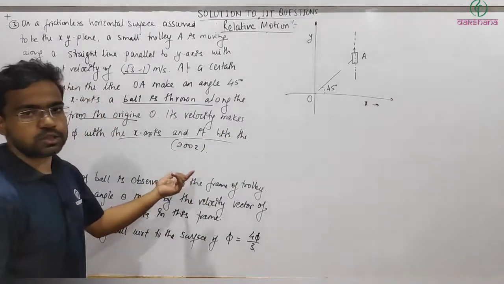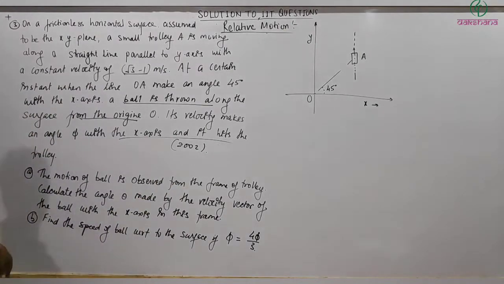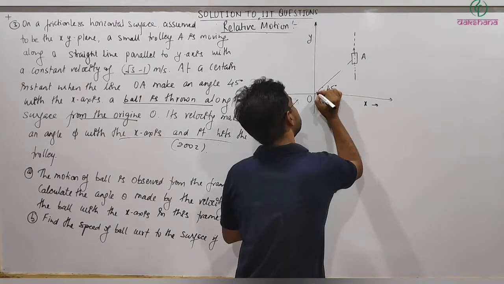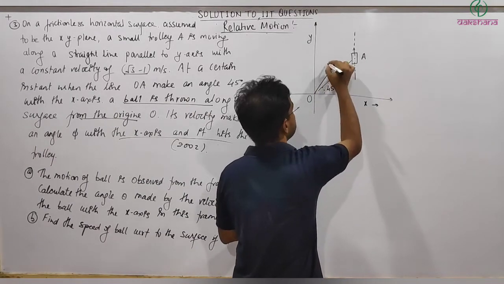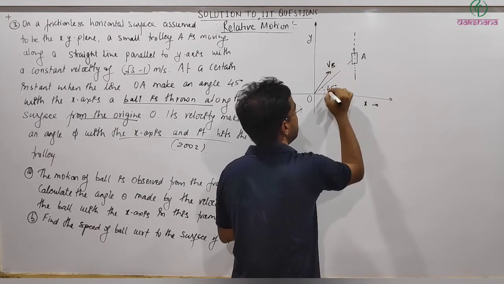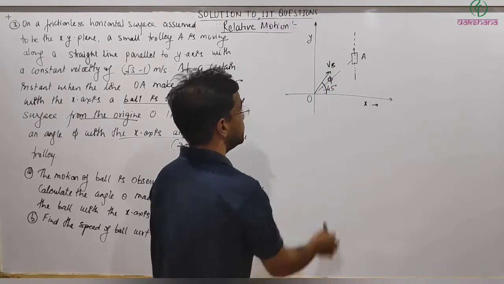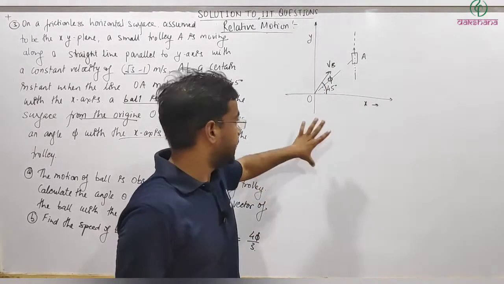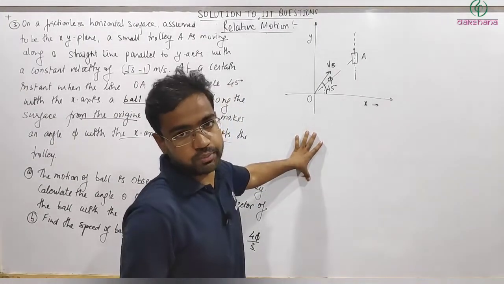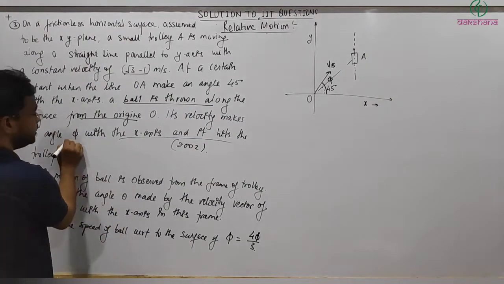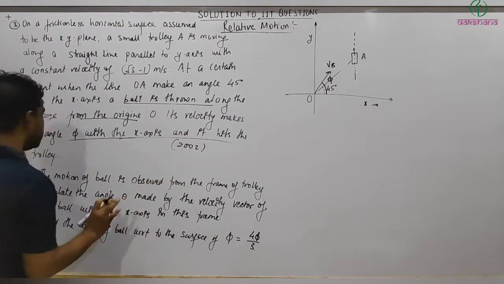This problem was asked in 2002, and two parts are given. Let's say the ball is projected at an angle of phi, taken in the ground frame, with the x-axis, and it hits the trolley.